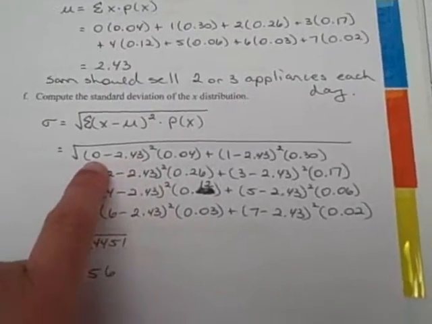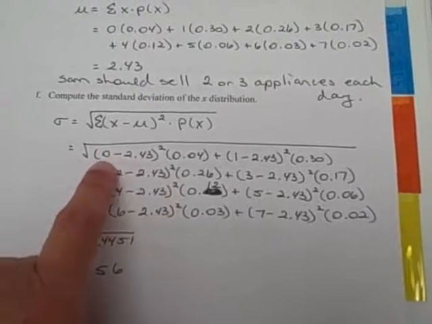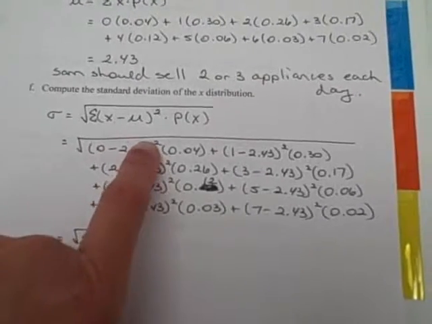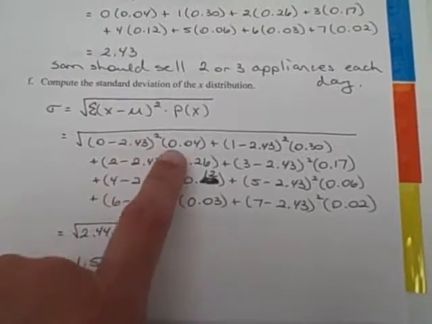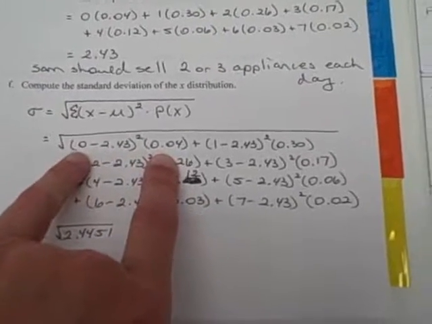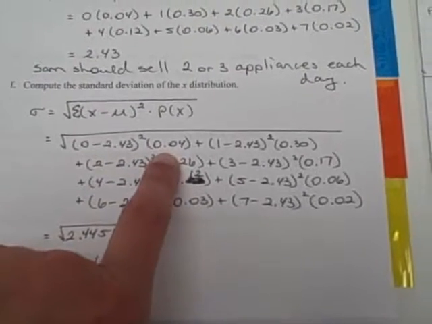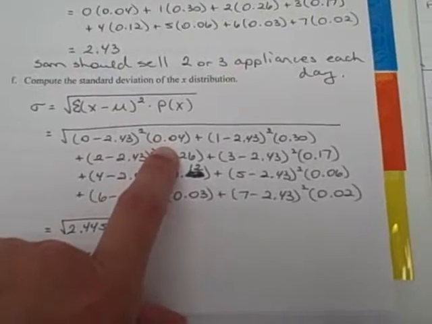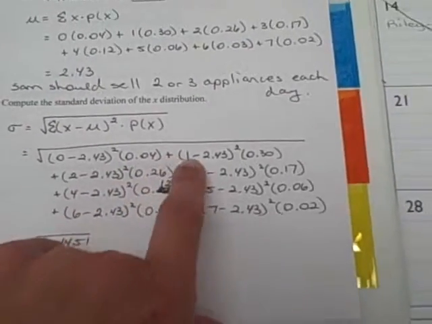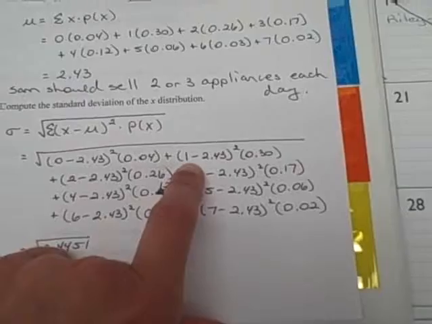So we're going to start with our 0. We're going to do 0 minus 2.43, square that, and the probability of selling 0 appliances is 0.04. So multiply by 0.04.